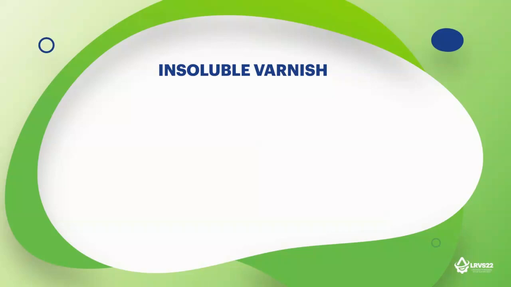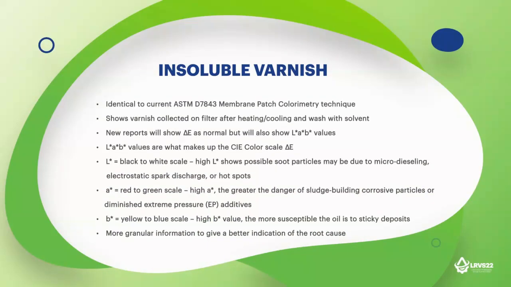So let's talk about insoluble varnish. It shows when the varnish has collected after the filter, after heating and cooling, when we wash it with the solvent. Basically, we heat the oil for 23 to 25 hours at 60 degrees Celsius, and then we take it out of the oven. We take 1 oil drop and set that aside for the soluble varnish, and we'll jump into that in a minute.